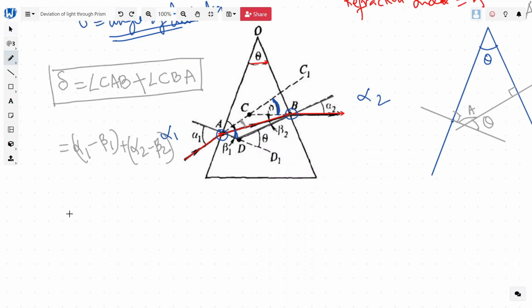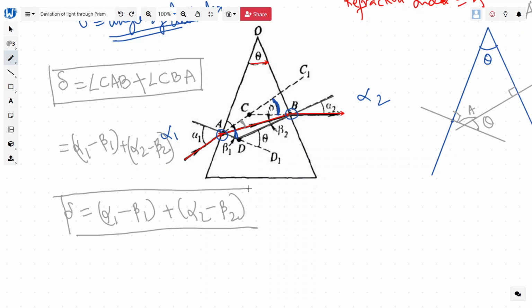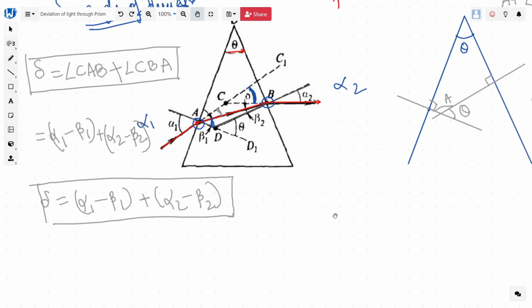So nicely written here, our delta is going to be equal to alpha 1 minus beta 1 plus alpha 2 minus beta 2. So this is a general expression for finding the deviation of the light ray when it is passing through the prism. And now we are going to write a few more equations to make it simple.